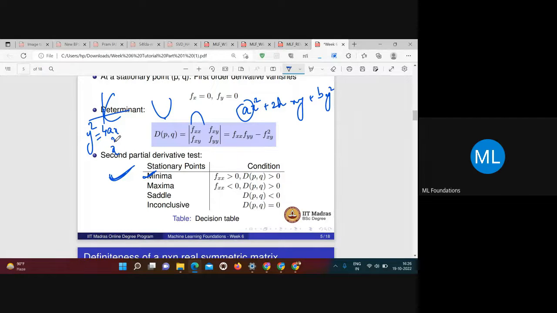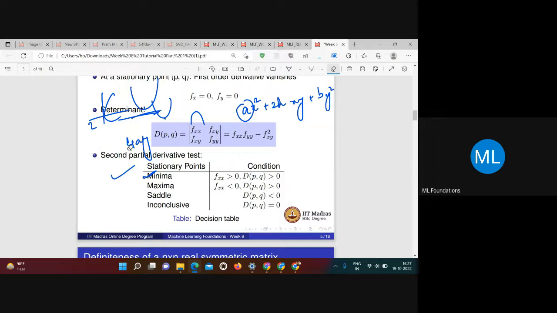If you are equating x square is equal to 4ay, this will be like this, right? So if the coefficient of this x square is positive, it is going upward. That means the stationary point is minima at that point. And if this is a negative value, then it's a maxima at that point, because this is an inverted bowl. You can imagine that as an inverted bowl.